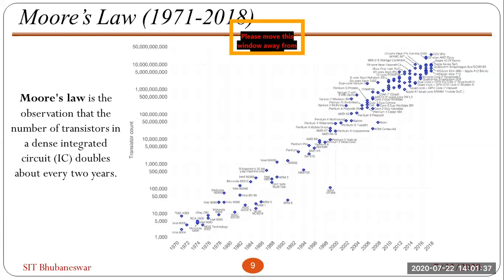Every 2 years the transistor count is double and the size is half. If we halve the size of the transistor, then within the half size we can get the same number of transistors.